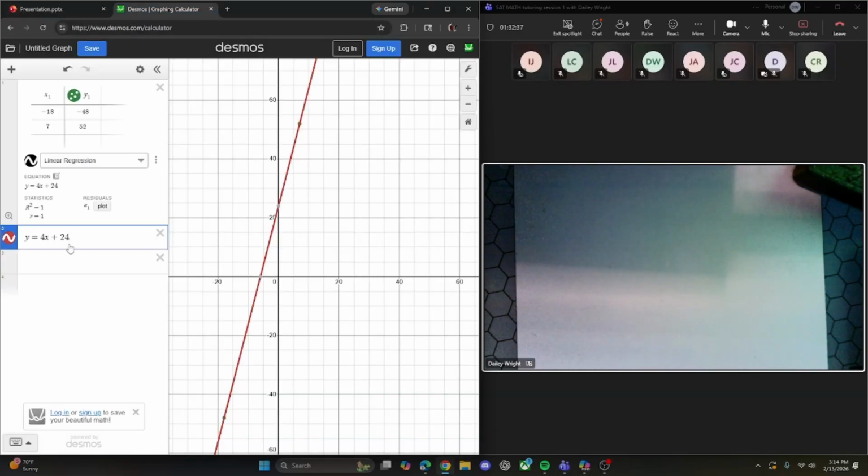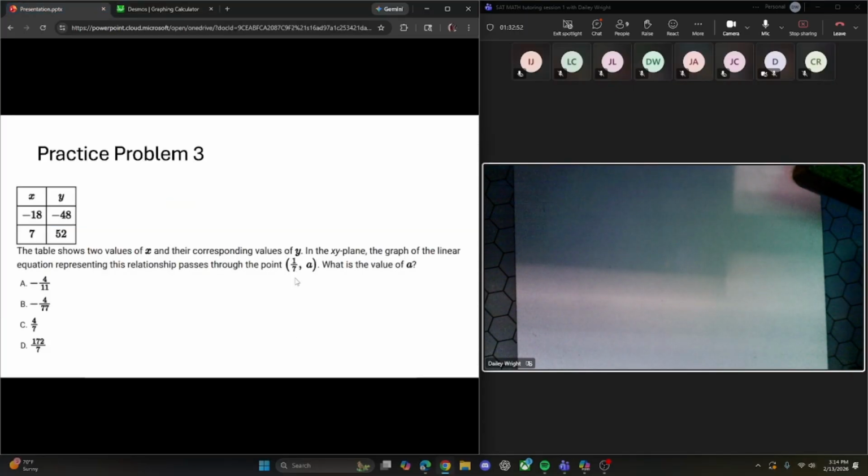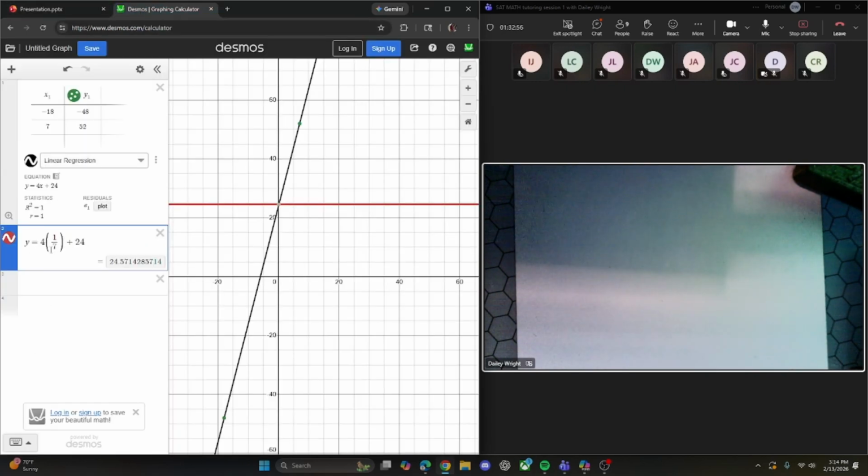So if you plug in 1/7 for x, it'll give you the a value, because the a is in the y spot. This is really just x, y. So if you plug in x, which is 1/7, it'll give you y.